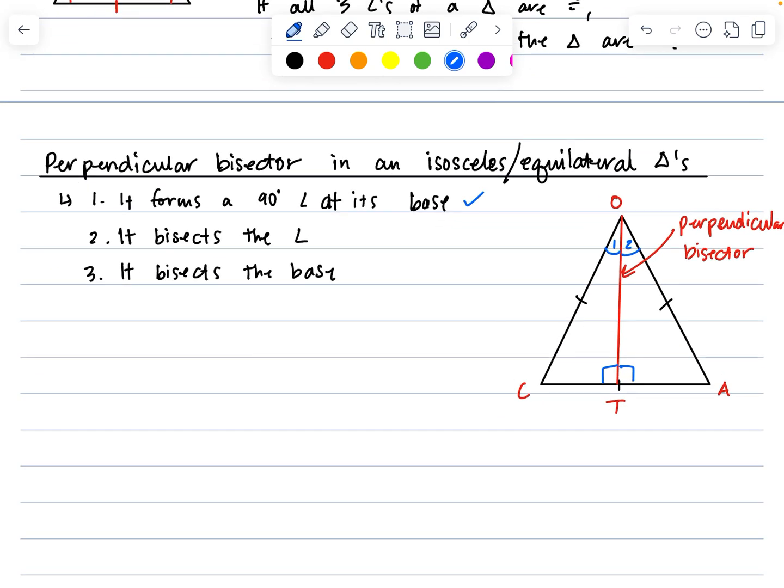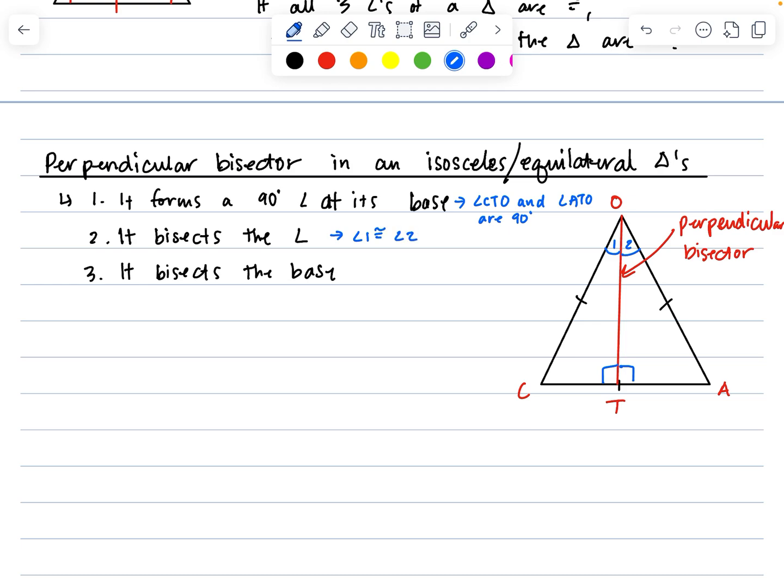So we could say, for instance, here, in blue, we could say angle CTO and angle ATO are 90 degrees. It bisects the angle it is passing through.